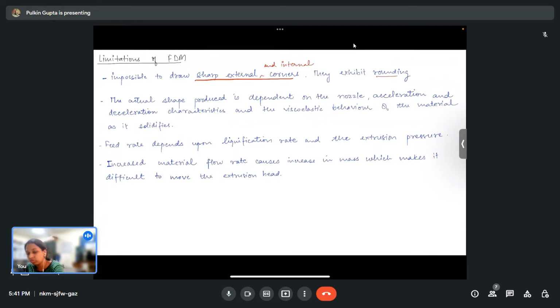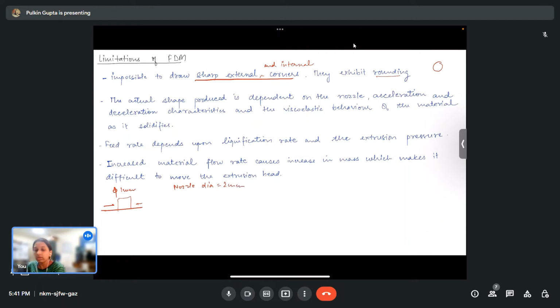Suppose you want to make an extrusion of, say, 1 mm diameter. This is your height, and your nozzle diameter is itself 2 mm.